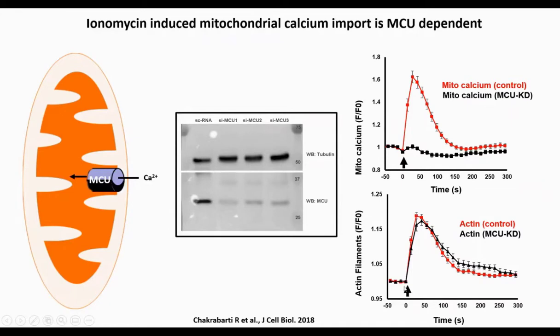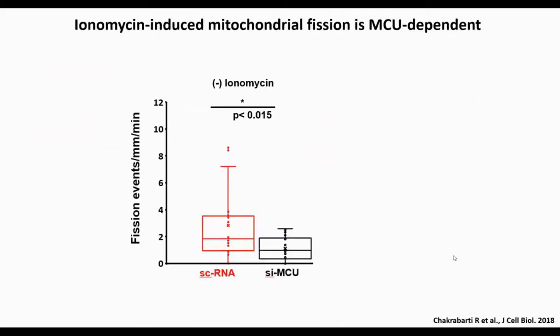But what was good for us to know is that these cells all still had the actin response. So we have a scenario where the calcium efflux from the ER is there, the actin response is there, but the mitochondria is not getting calcium. So in this scenario, is the mitochondria competent enough to divide?